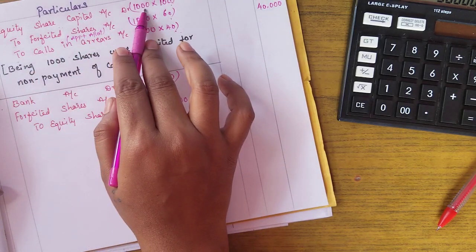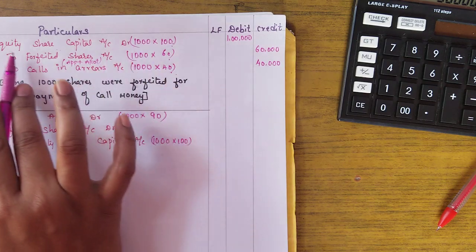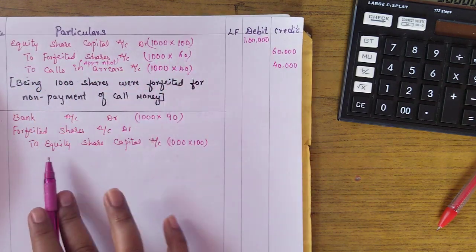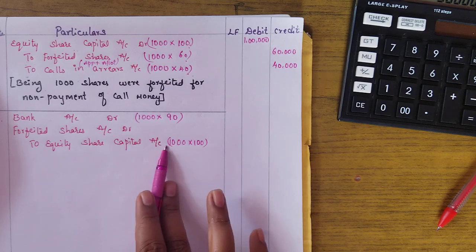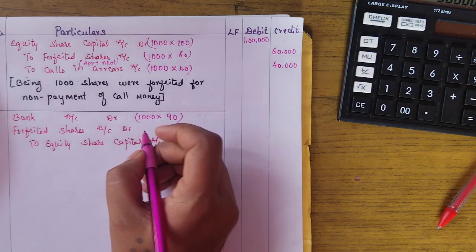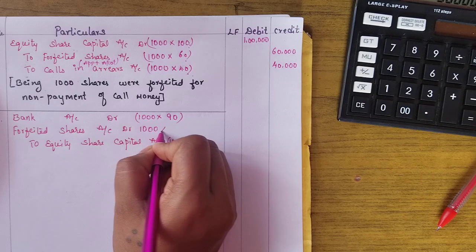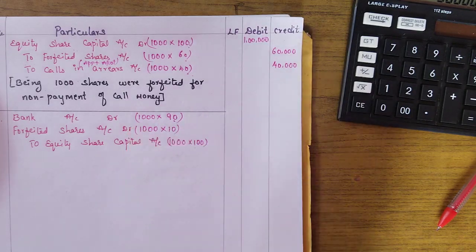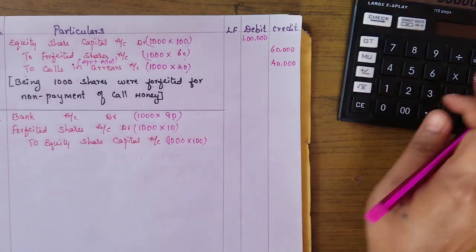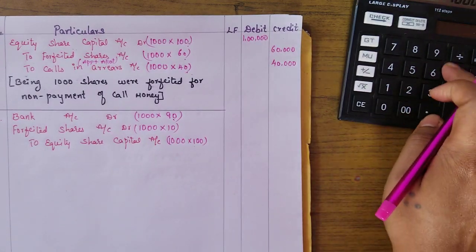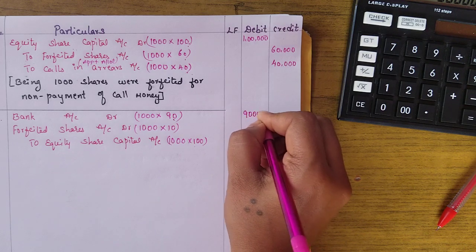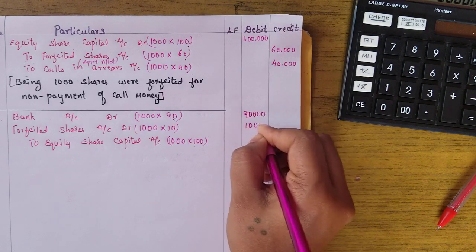Whatever you have calculated in the previous entry, equity share capital 1,000 into 100, the same equity share capital 1,000 into 100. Okay, the forfeited shares amount will be 100 minus 90, 10. Okay, this is what you have to do. So 1000 into 90, it is 90,000, and this is 10,000.